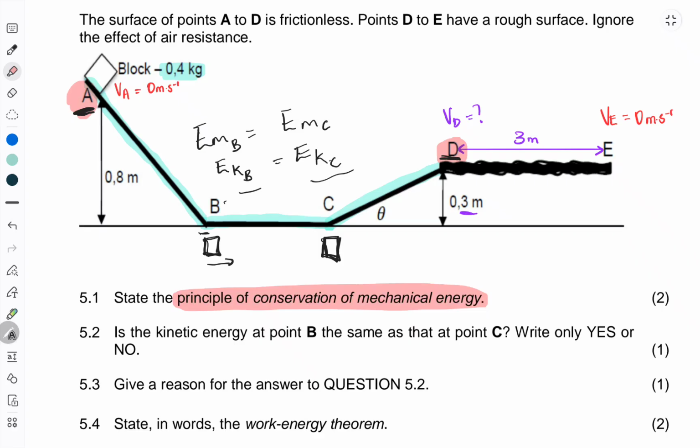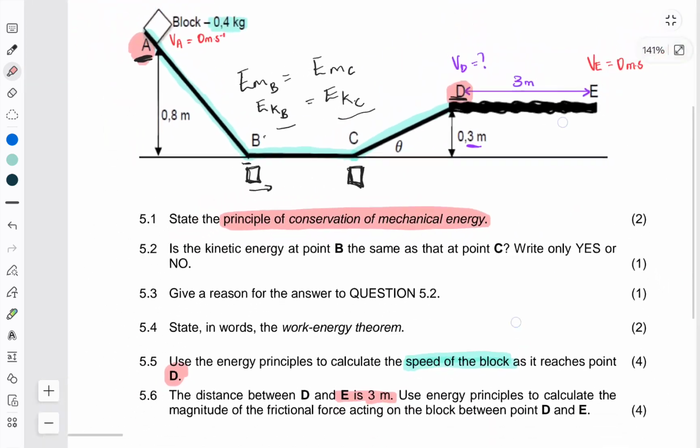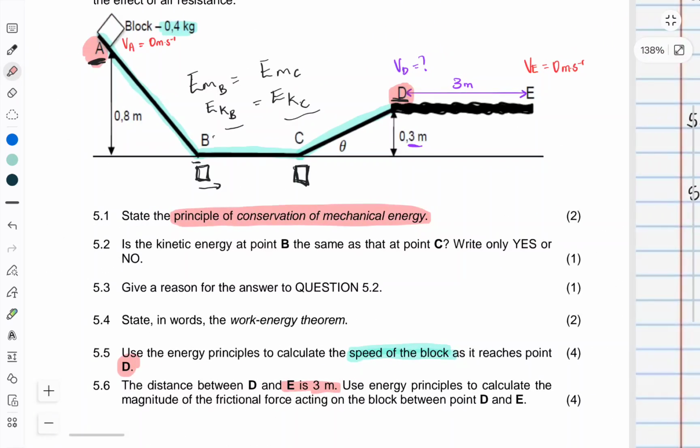Remember, energy principles include the principle of conservation of mechanical energy and also the work energy theorem. You cannot use the principle of conservation of mechanical energy for the simple reason that it is only for when there are conservative forces present.